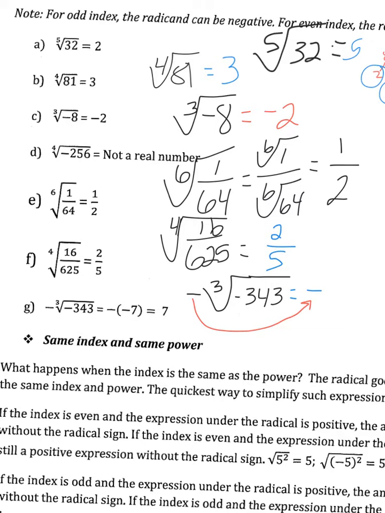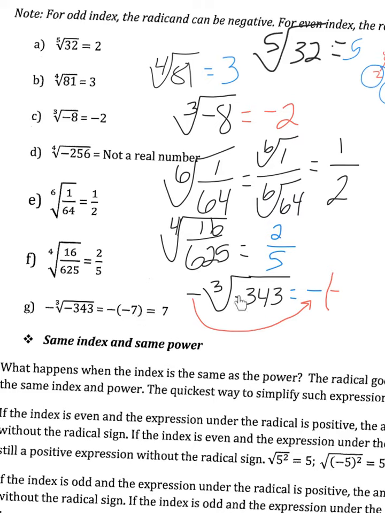Is this a real number? Well, since this index is odd, then yes, it is a real number, but the root is also going to be negative. So we're going to have another negative over here. So we're going to put that in here with some parentheses. And I happen to know that when I put the cubed root of 343 into my calculator, it comes out to be 7.